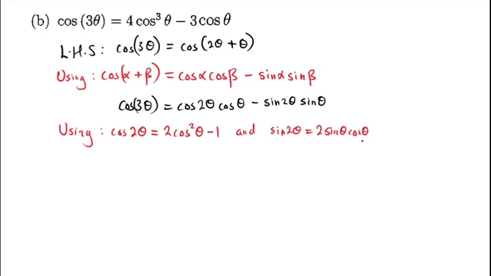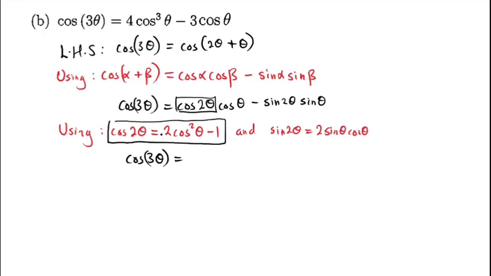So as it is, cos 3 theta equals, where there's cos 2 theta, I'll replace it with this particular identity. So it will become 2 cos squared theta minus 1, multiplied by cos theta, minus, and the one for sine will be replaced with this identity here.